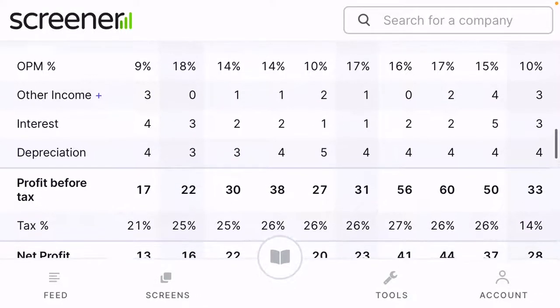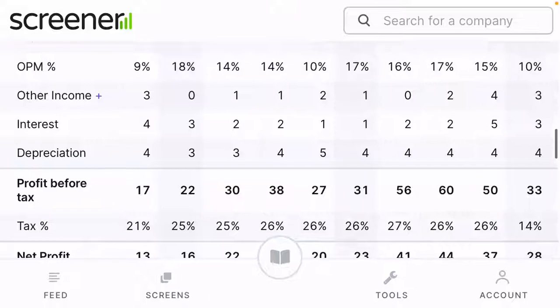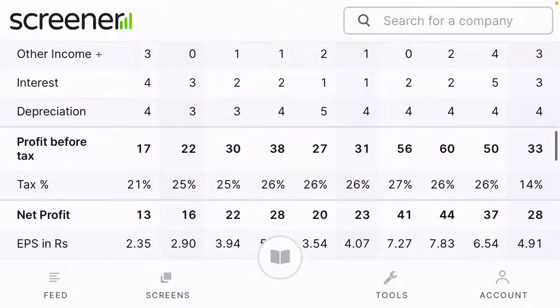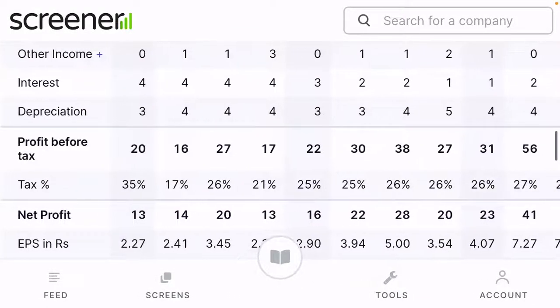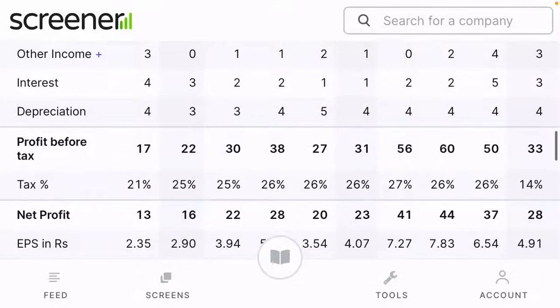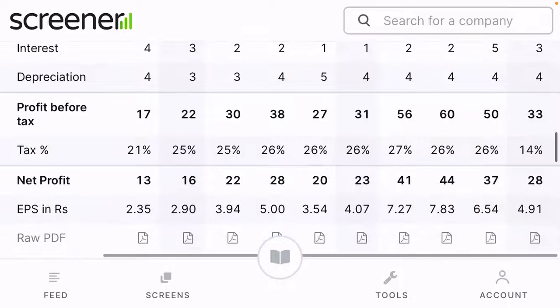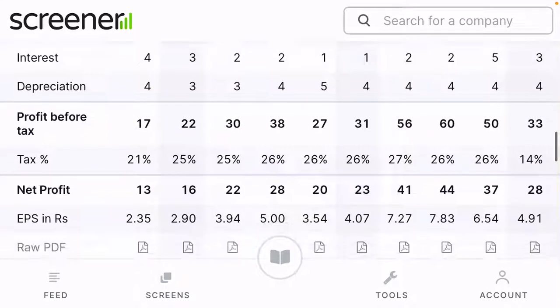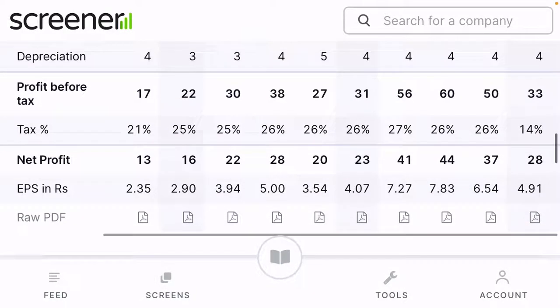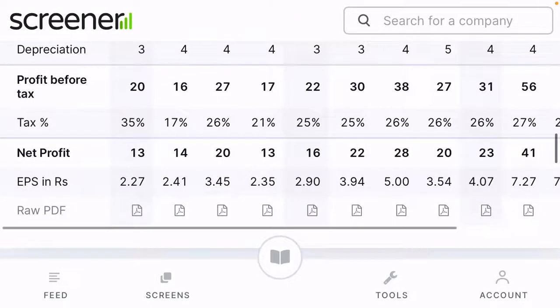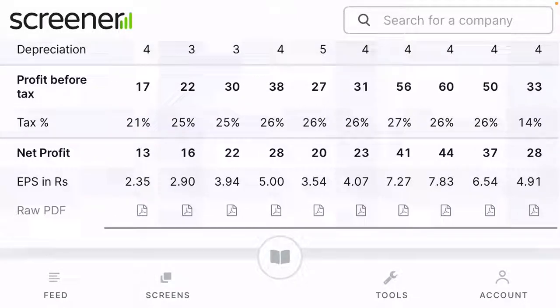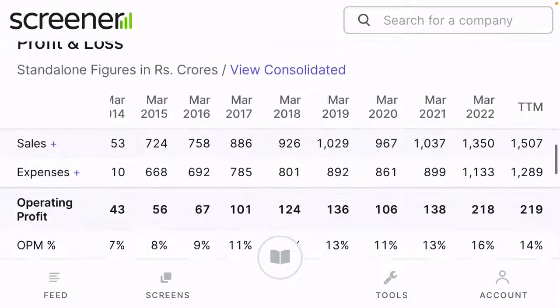Earlier it was 0, 1, but now it's 3 and 4. The company's interest is now very genuine, not too much, just 5 to 3 crore interest against 37 crore profit, which is considered good borrowing. Net profit is also maintained, 13 crore, and now it's doing 28 crore in the last few years.